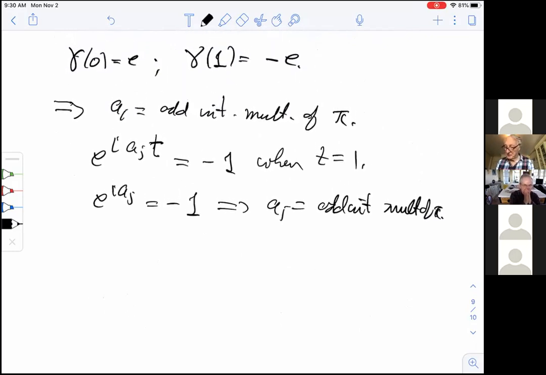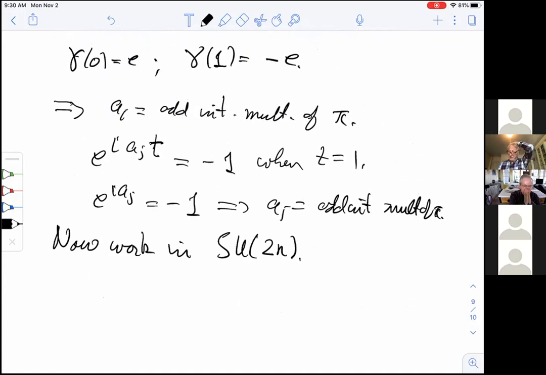Now let's work in SU(2n). So our matrices are even size, but we have the determinant equal to 1.